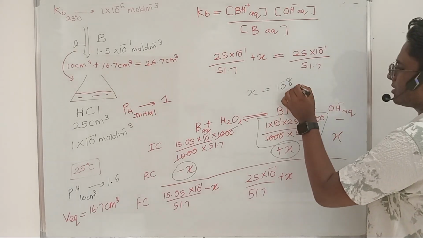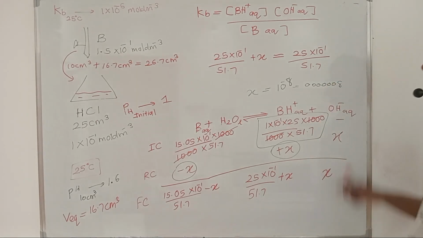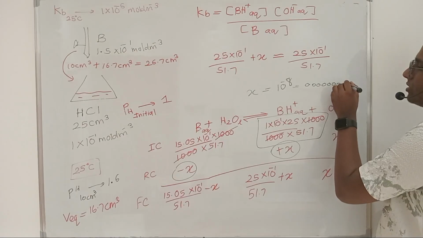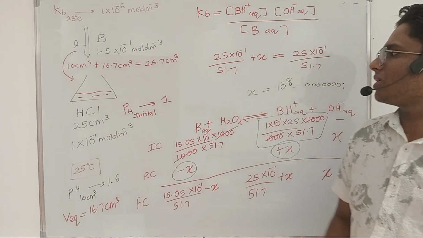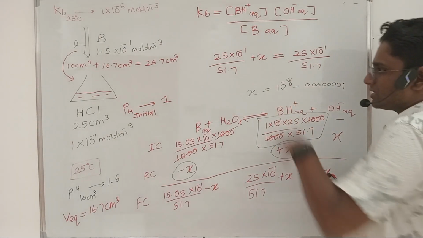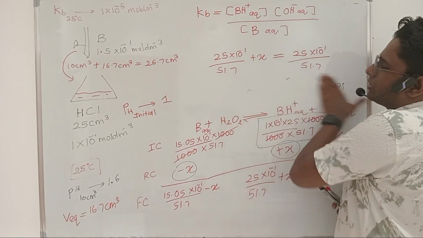So that is like 0.000008, something like this, right? So no point of adding this value to this value. So it will be approximately equal to this value, right? This assumption is correct because x value is a very small value. So you can take this assumption.